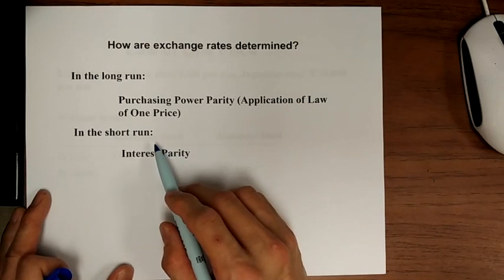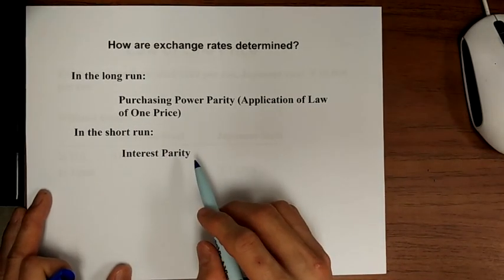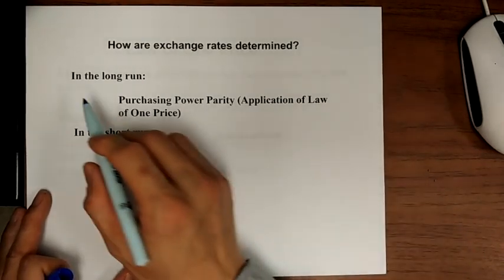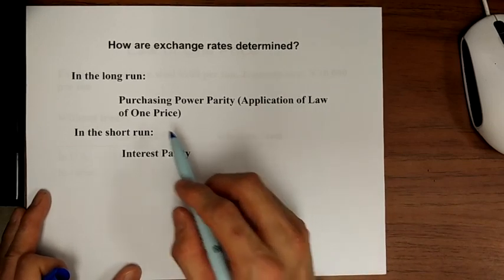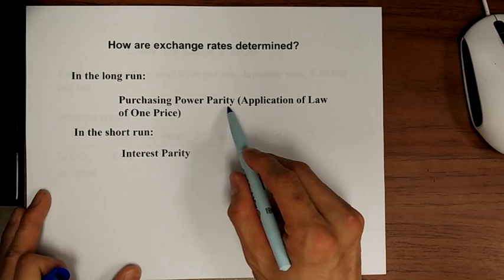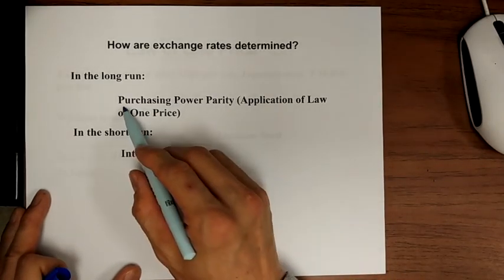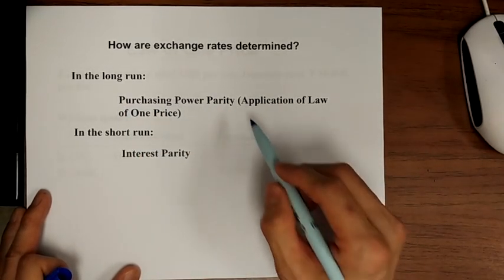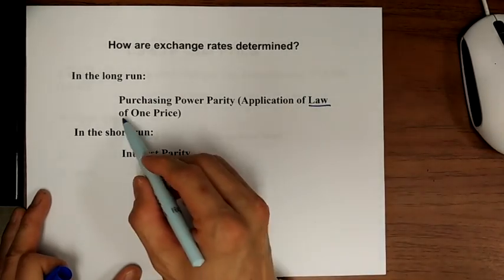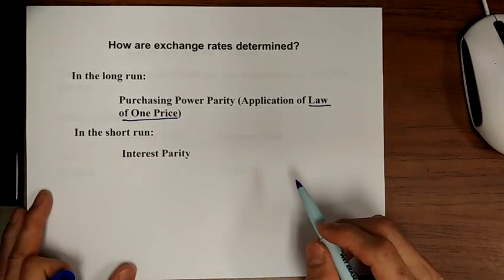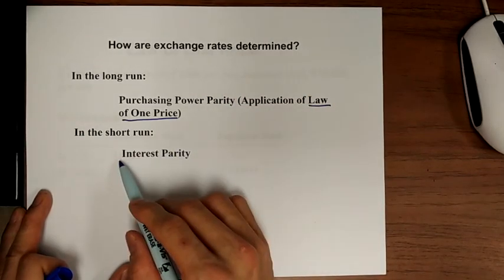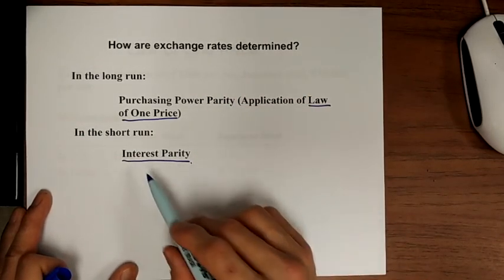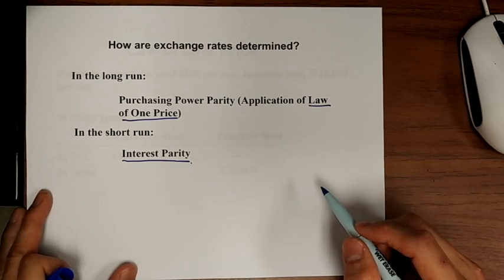And the second part is, how about in the short run? The answer is, in the long run, exchange rate is determined by a theory called purchasing power parity. And purchasing power parity is an application of a theory called law of one price. In the short run, exchange rate is determined by a theory called interest parity condition.